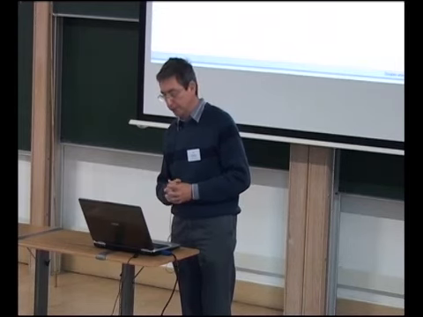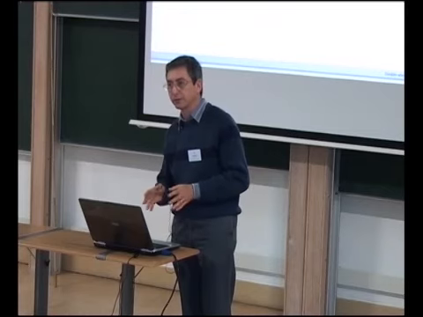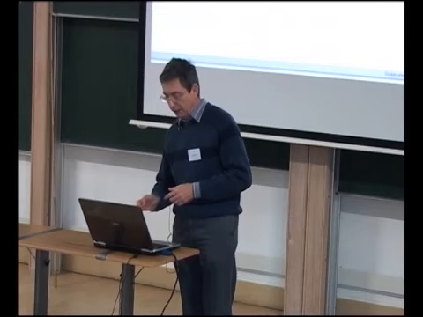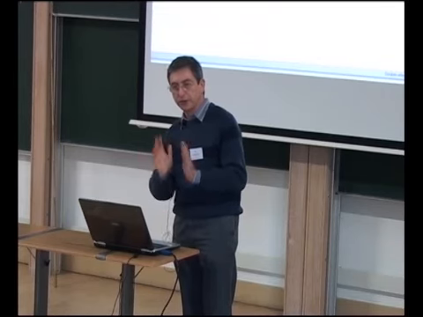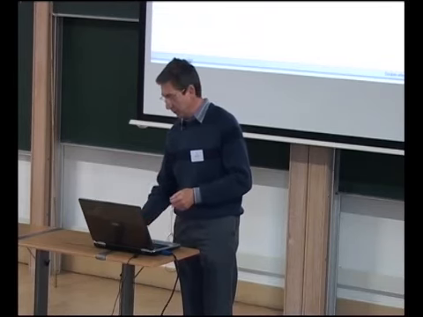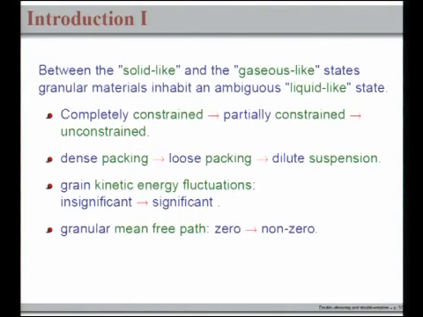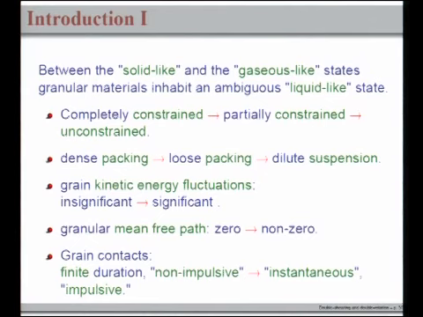But at some point, you come back to the idea that really there are just two states. Somehow it's bipolar, or off-on. If we think in terms of kinetic energy fluctuations, they're either insignificant or significant. If we think in terms of the separation of the grains, either the grains are touching and there's a zero mean free path, or they're widely separated and it's non-zero.